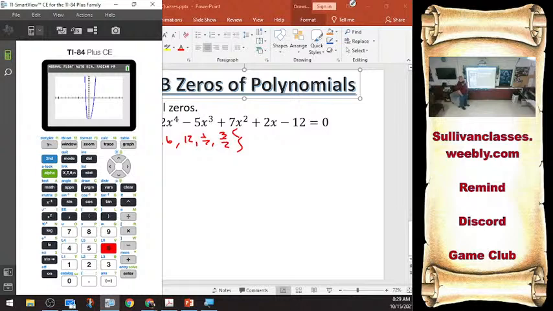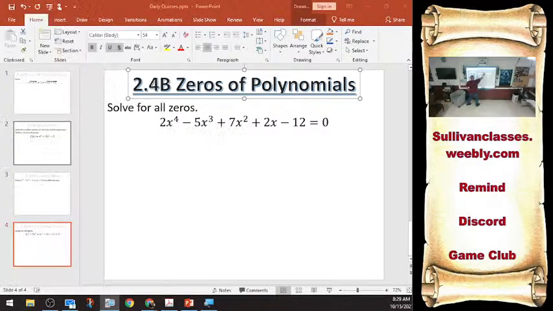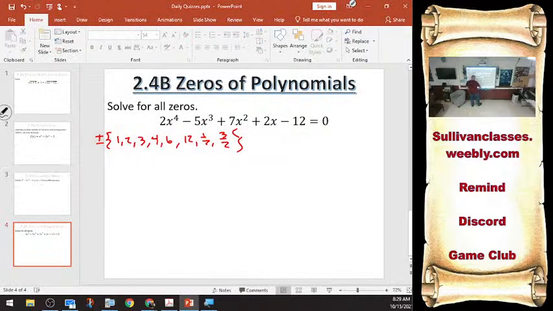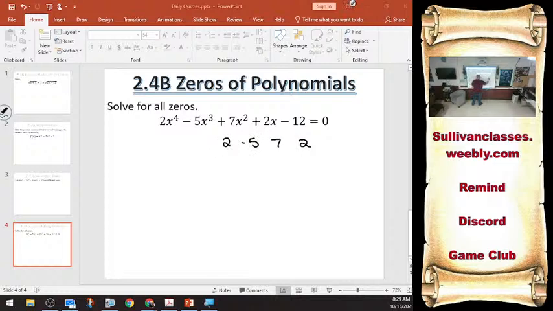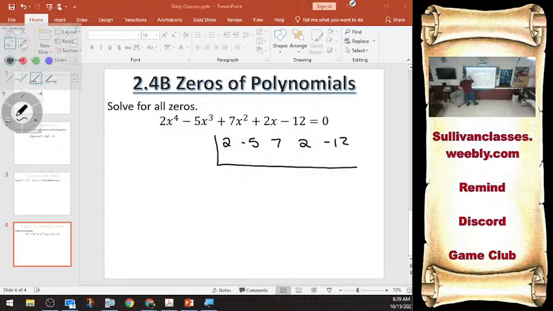Maybe even 3 halves. I just got a good feeling about them. So, I shall take the polynomial and rewrite coefficients only. 2, -5, 7, 2, -12. And say, boy, do I feel lucky about -1.